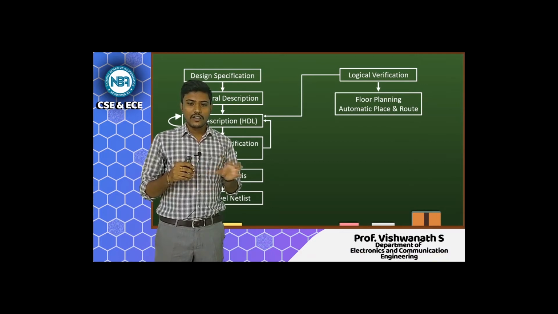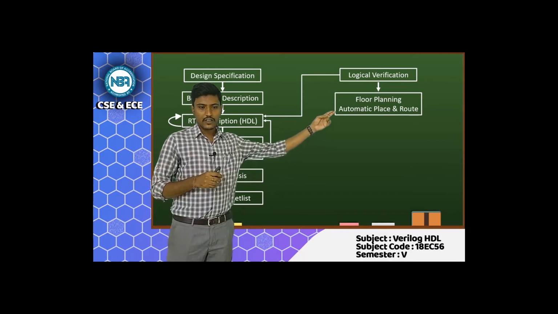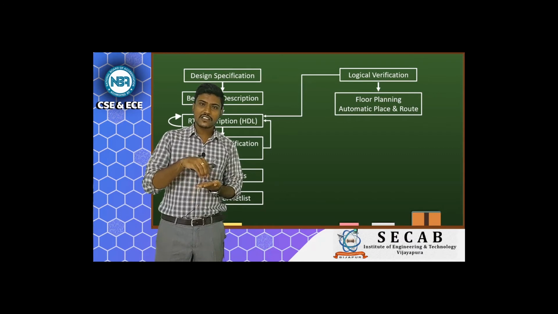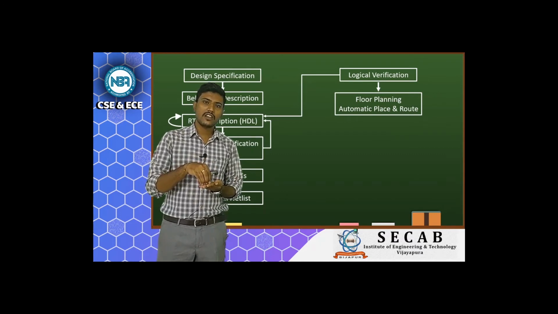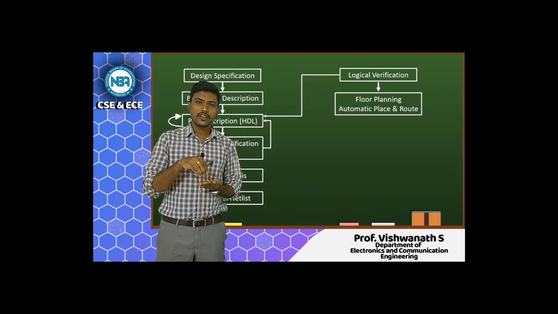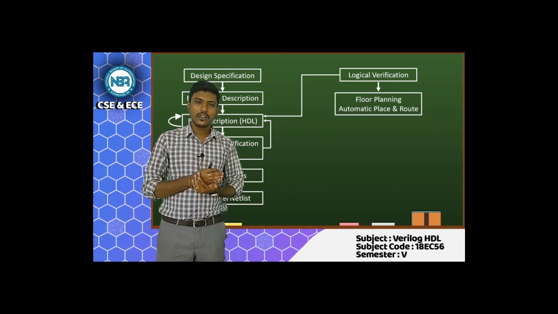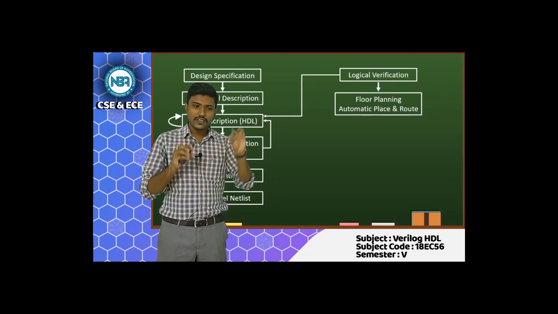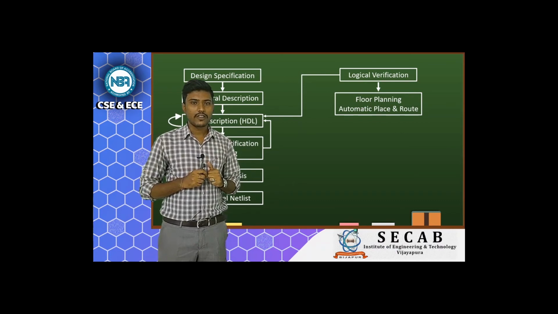But if you go for automatic place and route, the whole placing and routing is taken care of by the EDA tool itself. When the tool takes care of it, there are possibilities that it might place things one way or another.